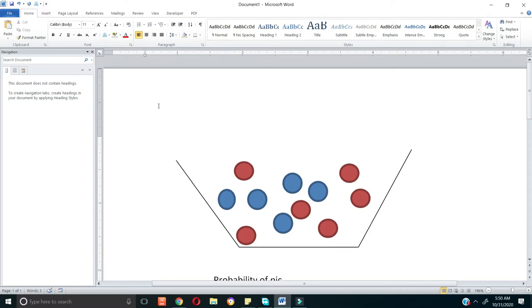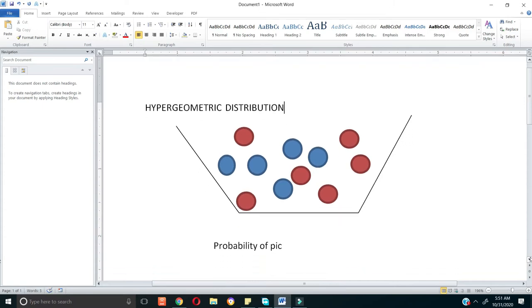So this is what we call a hypergeometric distribution. Yeah. So if I want to see the probability of picking 3 red balls in n tries.